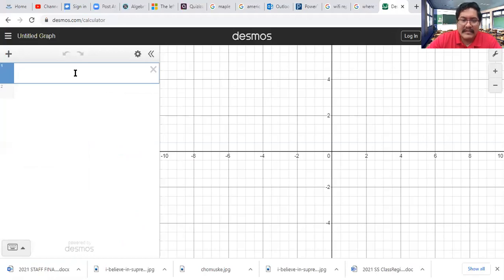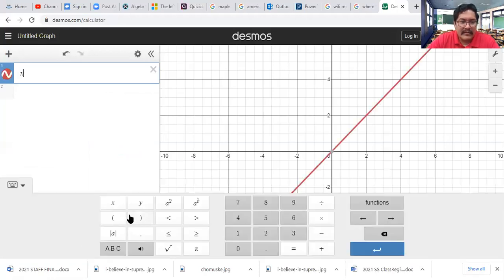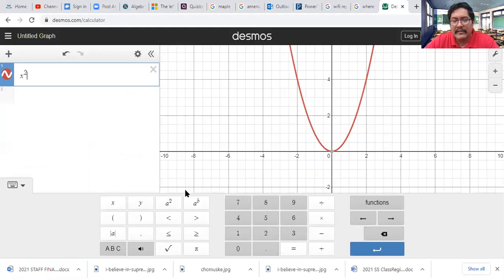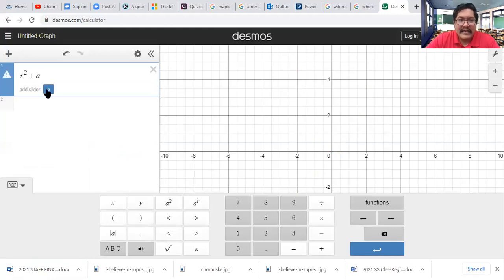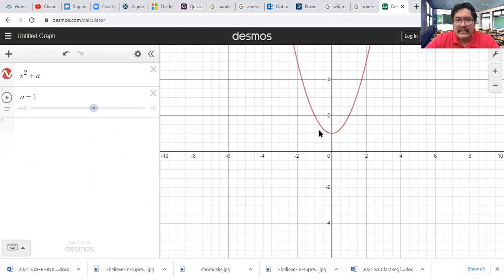So I'm just going to make this up. I've got x squared, and that should give me a parabola. And I'm going to move a slider a. In this case, a is equal to 1. Normally if a is equal to 0, that would just give us our basic parabola, the parabola of x squared.